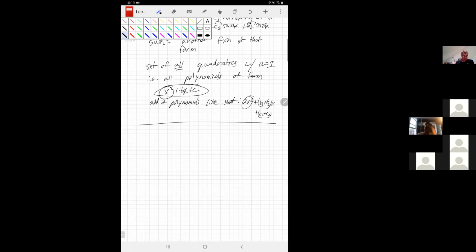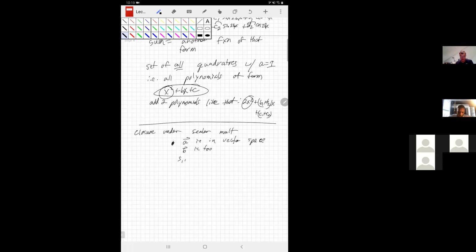All right, well, there are a few other axioms of a vector space. They also have closure under scalar multiplication, which means that if A is in the vector space and B is too, and S1, S2 are scalar numbers, S1A plus S2B is in the space.